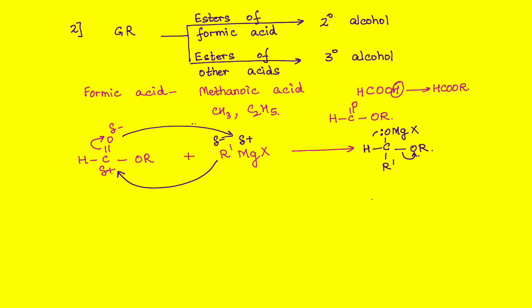They feel bad for the carbon which is losing a bond. So what will happen? There is a shift of the bond. So HC turns into a double bond and I have an R dash over here, whereas my MgX and OR become connected.